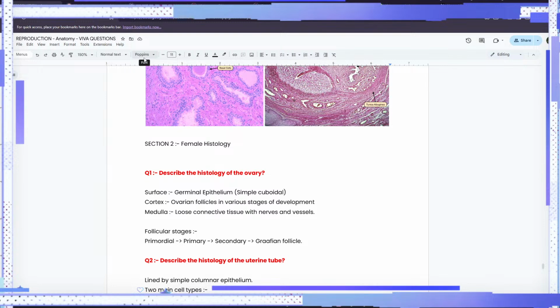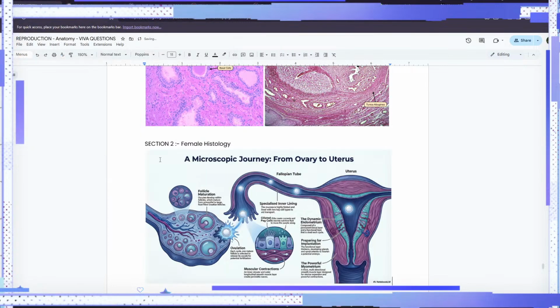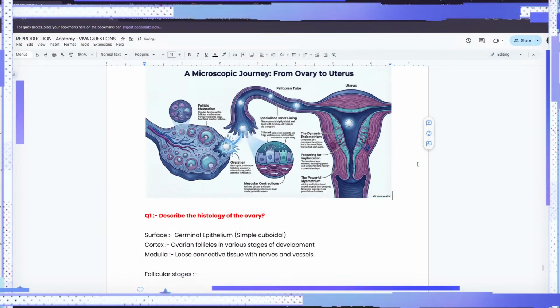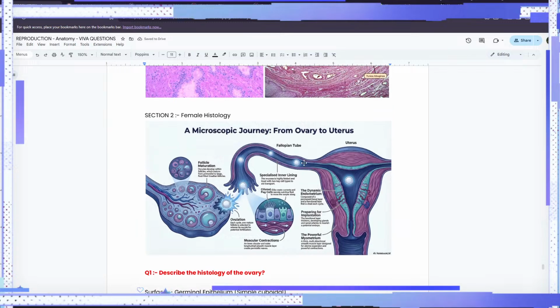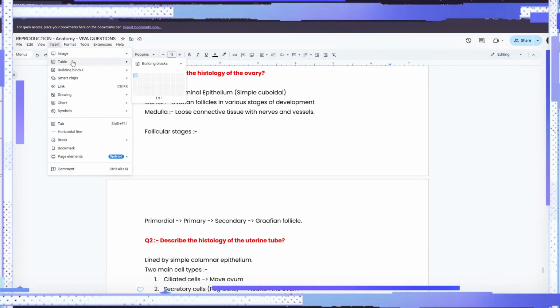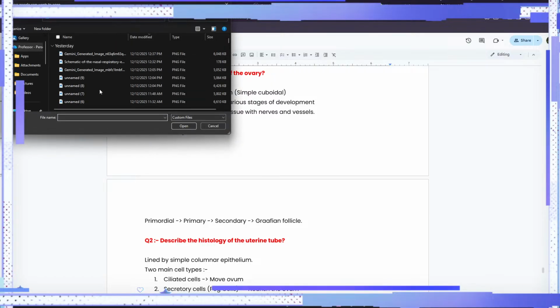Insert image. Okay, what is this? Okay, perfect. So this is the main one that we have here, right? This is perfect. Then we have one for the ovary. Let's hope it's this one.